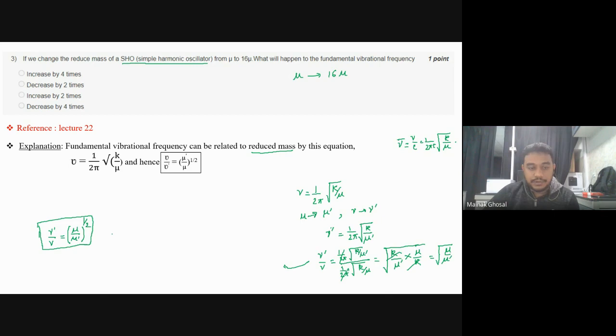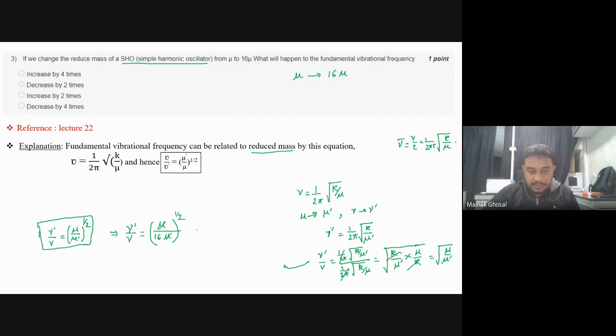Now what you need to do is put the value of mu and mu prime. Mu prime by mu, what will be the mu bar? It is said that it is going to be 16 mu. So I am just writing 16 mu to the power half.